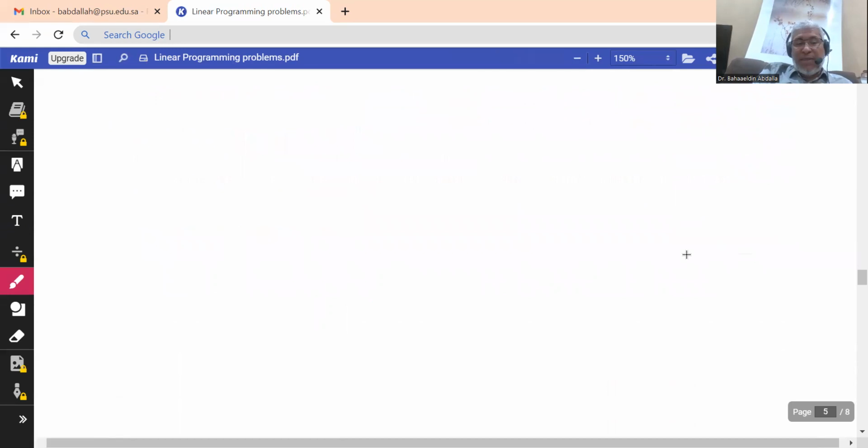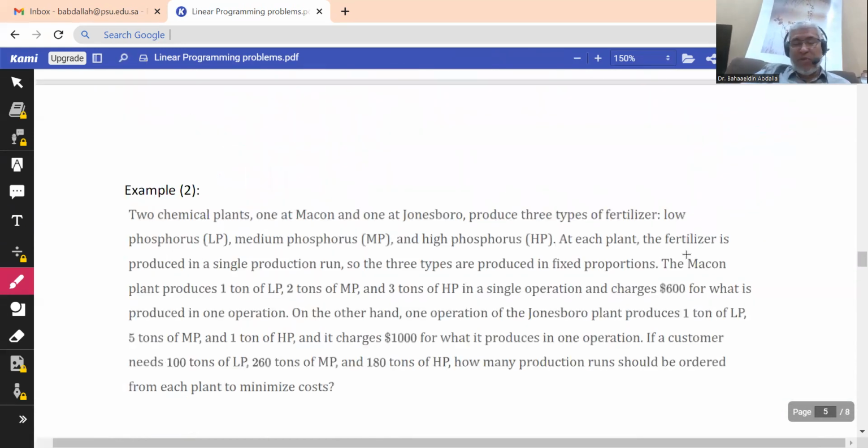The last question would be this example, example 2. 2 chemical plants, one at Macon and one at Jonesboro, produce 3 types of fertilizer: low phosphorus, medium phosphorus, high phosphorus.